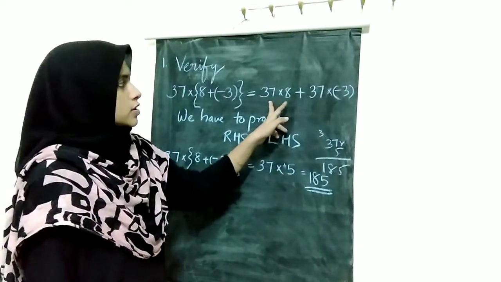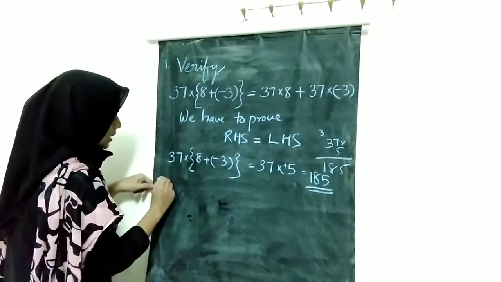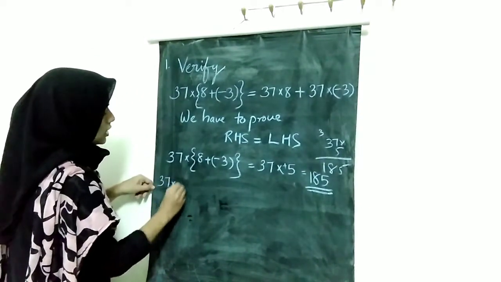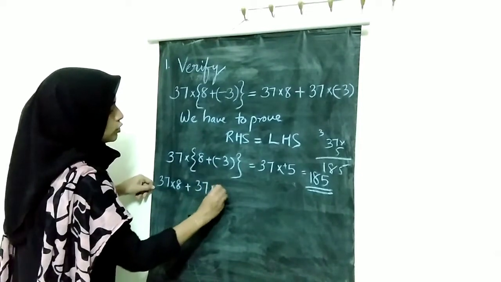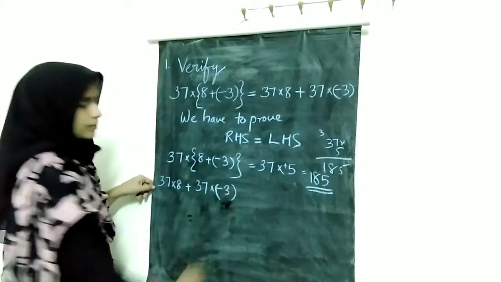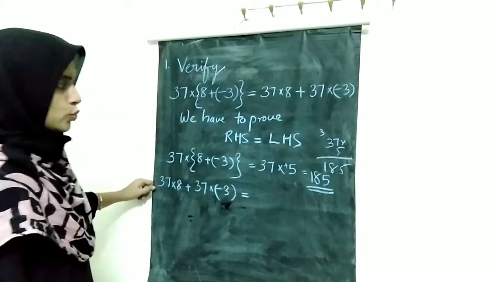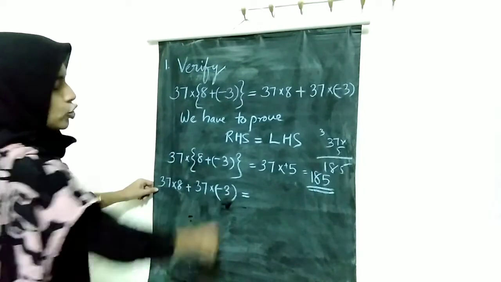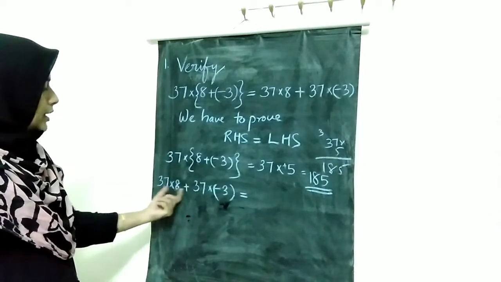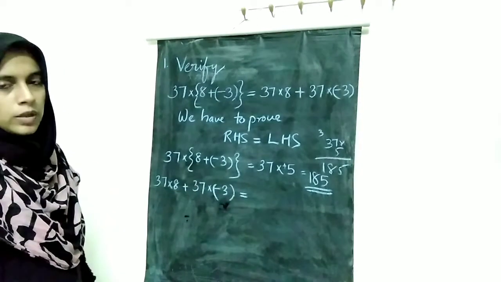Next we will solve the left side. Okay. So write left side 37 into 8 plus 37 into minus 3. Okay. So on the left side I am going to prove 37 into 8 plus 37 into minus 3. So you can see multiplication. Here also multiplication. Then addition. How will we solve?